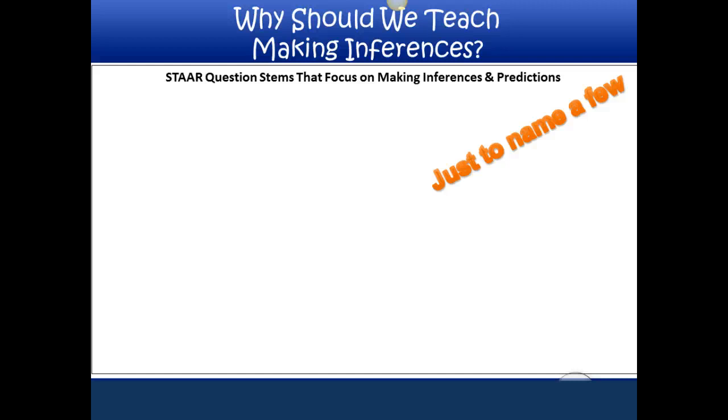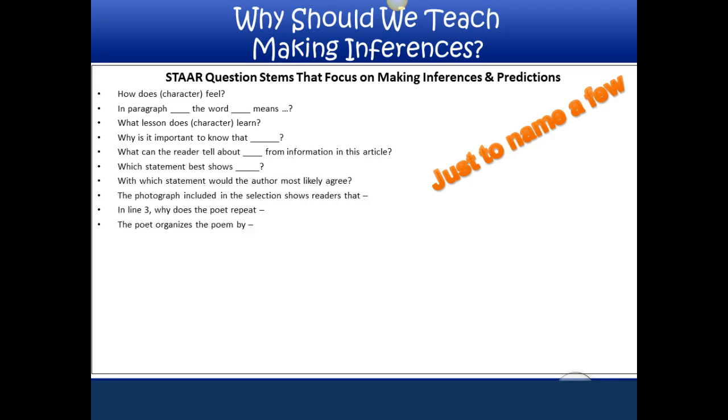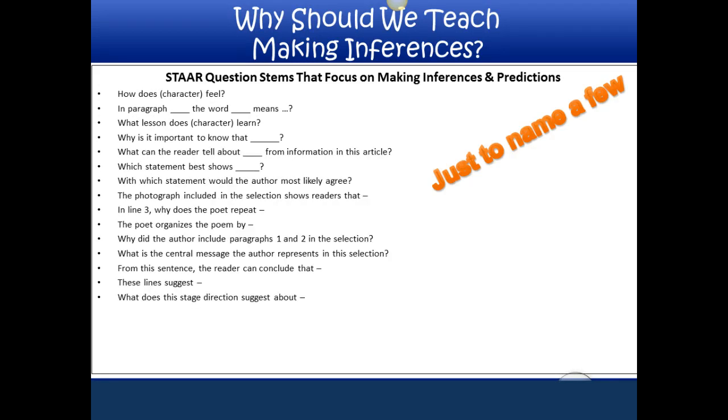Inferring and predicting are also assessed through our state assessment, the STAAR. And here are some example questions that require students to make inferences and predictions. So we won't read all of these.